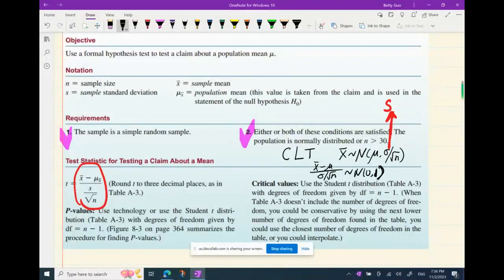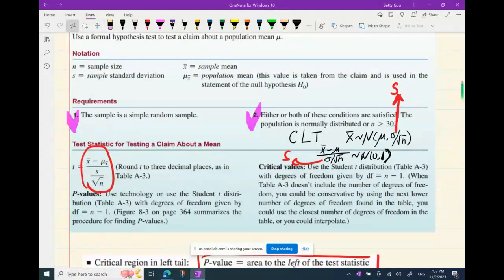But since we have to replace the sigma with S, we don't have a Z distribution here. Instead we have a T distribution. You might remember in a previous chapter we introduced the student distribution. T distribution here is the student distribution.